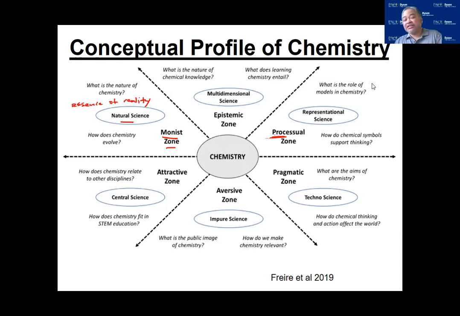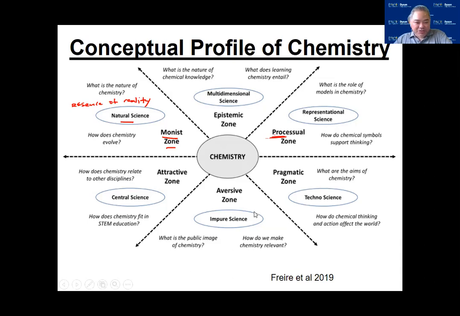So chemistry is the interaction of events in order to get another result. Okay, so you can see each aspect of chemistry is being utilized in these different zones. From natural science, multi-dimensional science, to representational science, in one way or another, they cover chemistry.